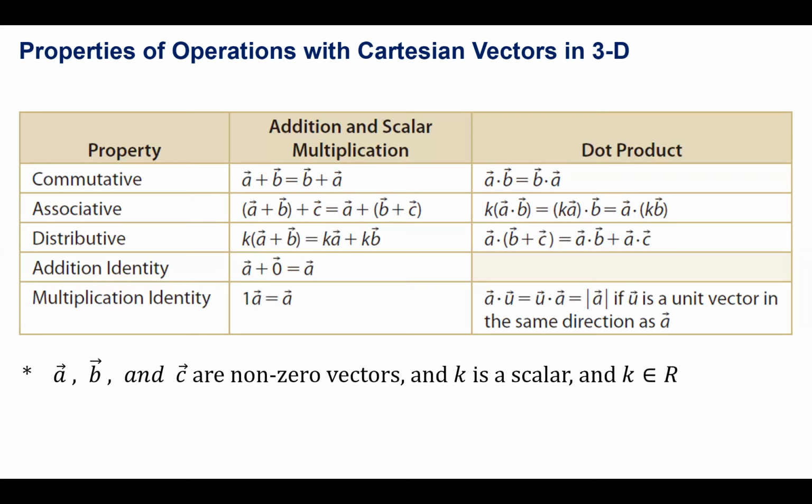And vector A dot U, where U is a unit vector in the same direction as vector A, equals unit vector U dot vector A, which is actually the magnitude of A. So note here, vectors A, B, and C are non-zero vectors, and k is a scalar, and k belongs to the real number set.